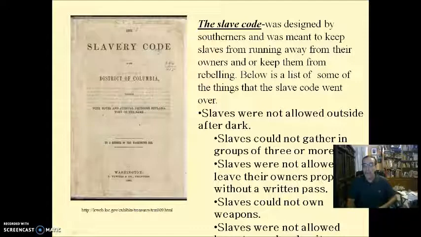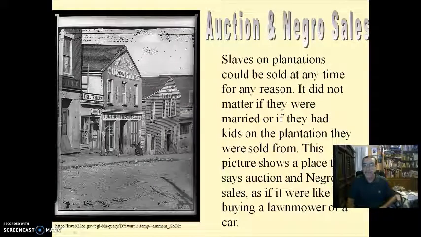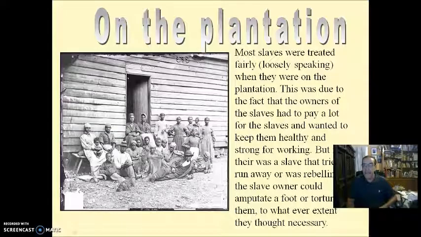Information on how it worked, some definitions of the slave code, which was one of the questions on the previous warm-ups. Dramatic pictures of actual auction sites and people on the plantation.